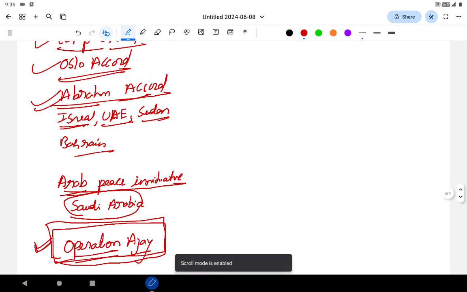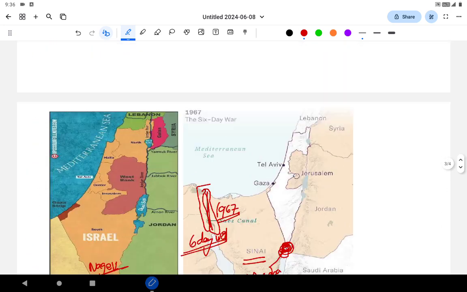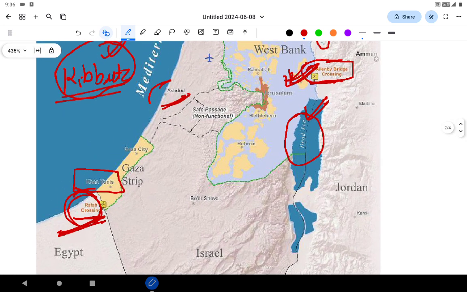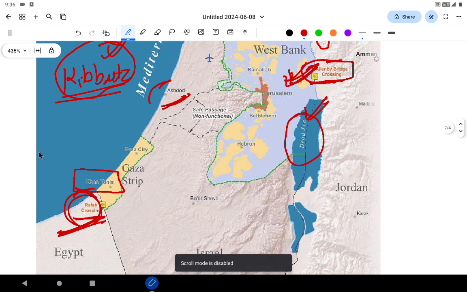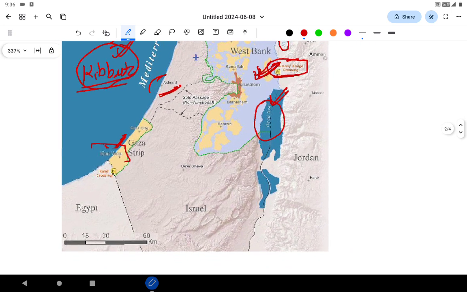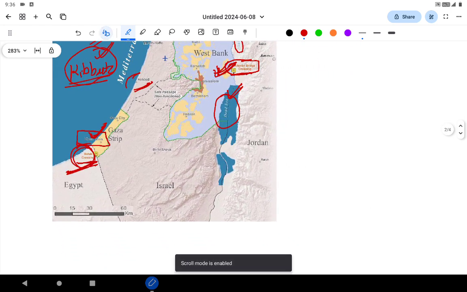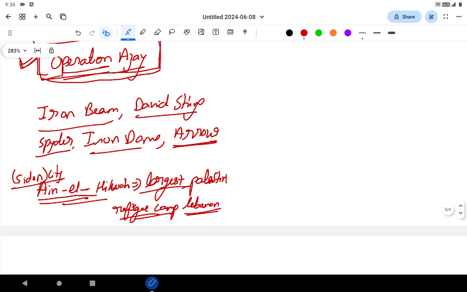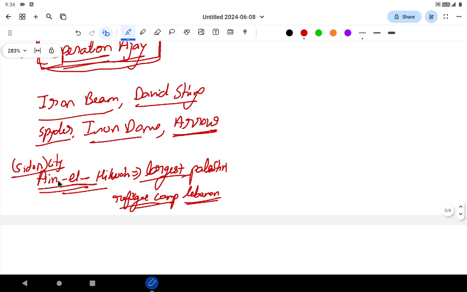There is another refugee camp in the Gaza Strip, called Khan Yunis, inside the Gaza Strip. The largest refugee camp in Lebanon is called Ain al-Hilwa.